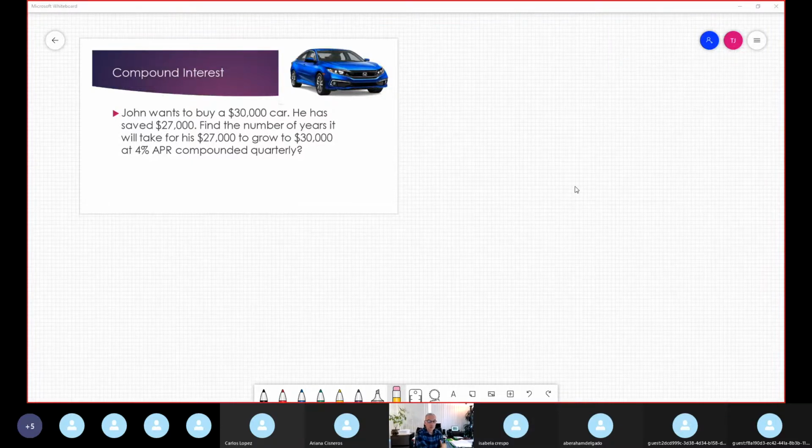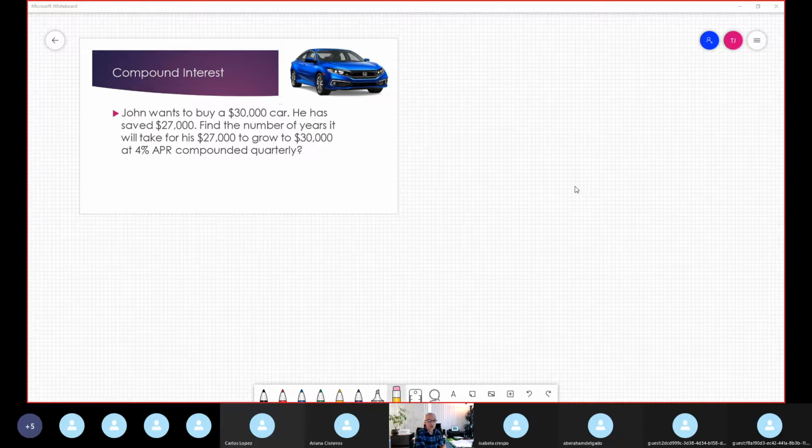Yes. Okay, John wants to buy a 30,000 car. He has saved 27,000. Find the number of years it will take for his 27,000 to grow to 30,000 at 4% APR compounding quarterly.